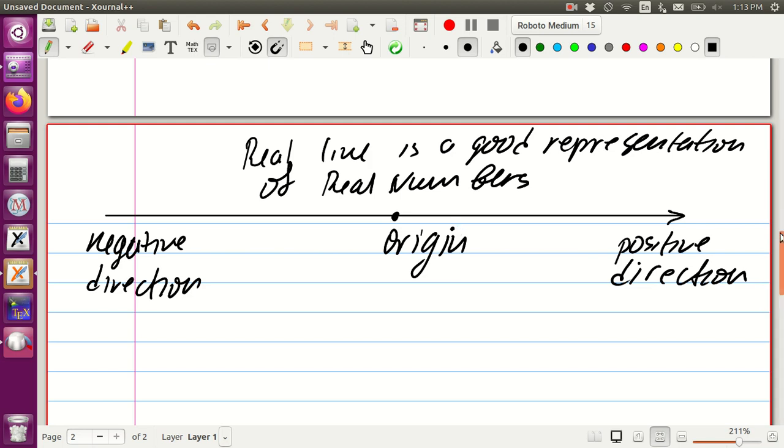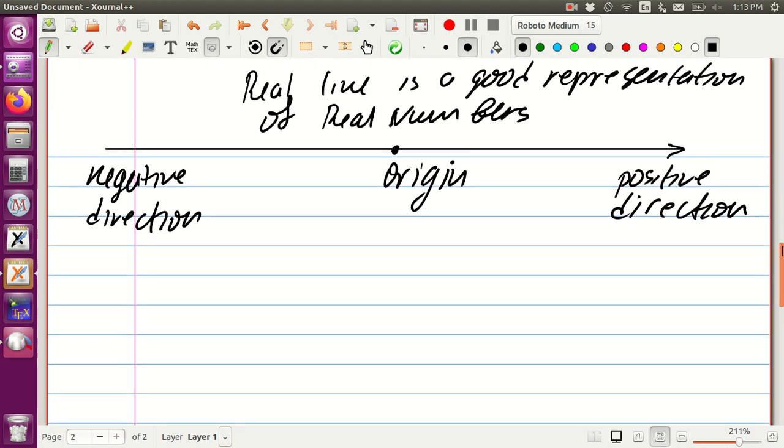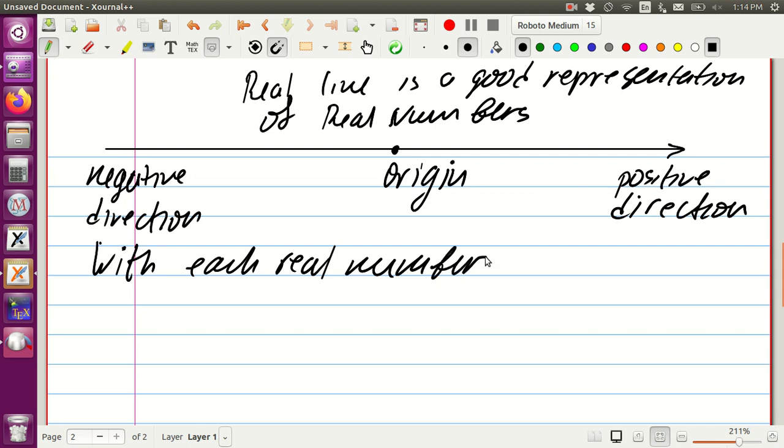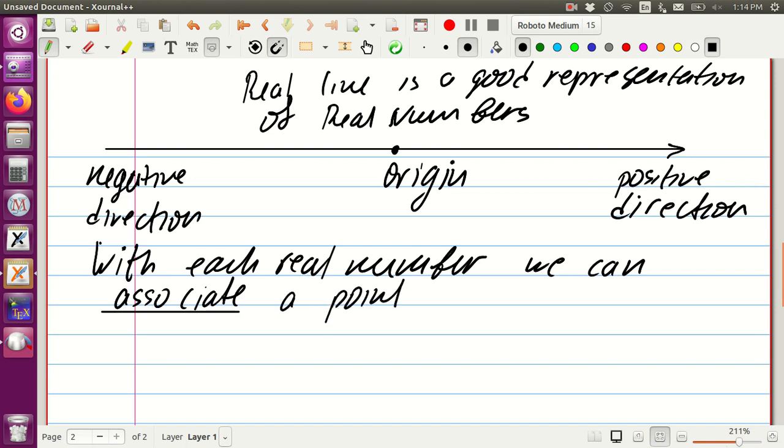So how do we represent real numbers on this real line? A small rule that we make up is like this: with each real number, we can associate a point on the real line.